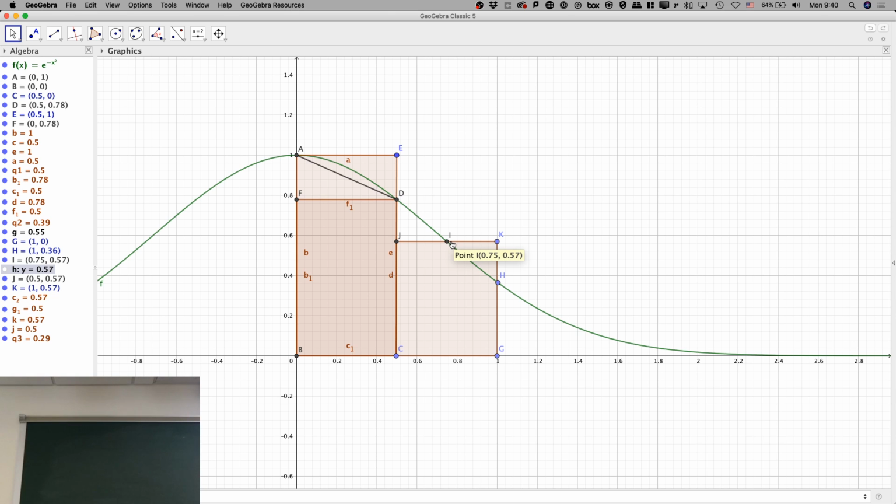Now, you might ask, how is this actually different than the trapezoid rule? Like, is this genuinely a new rule? And the answer is yes, okay? And here's why. Here, I'm averaging the two endpoints before I plug them into the function.